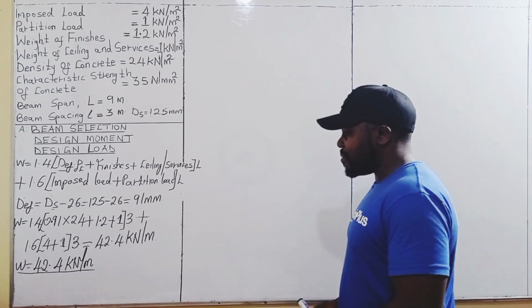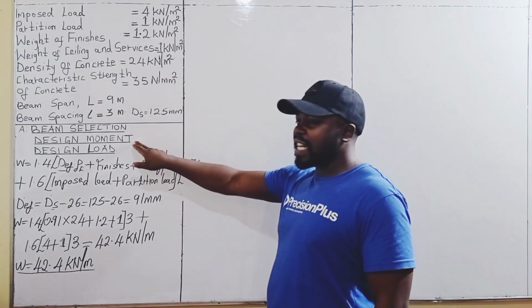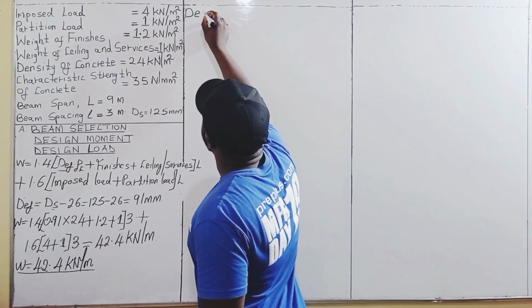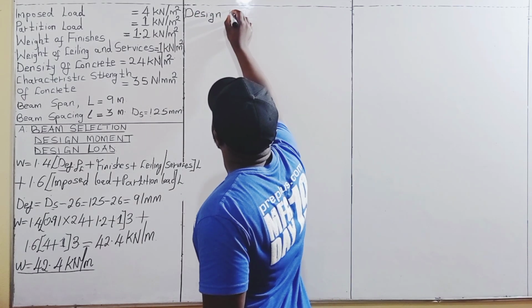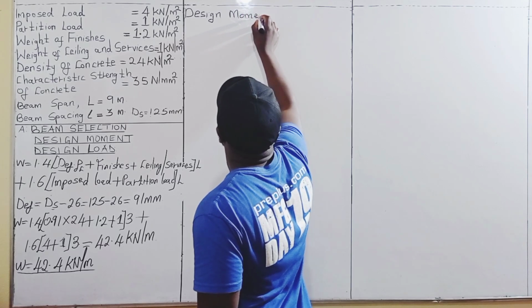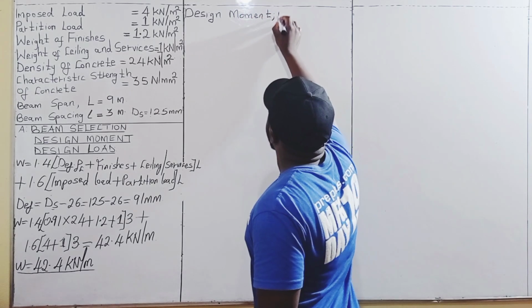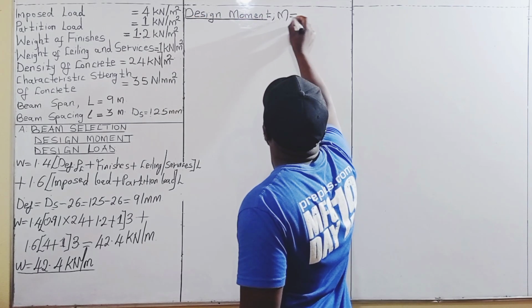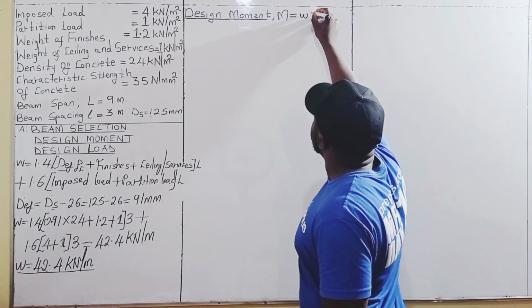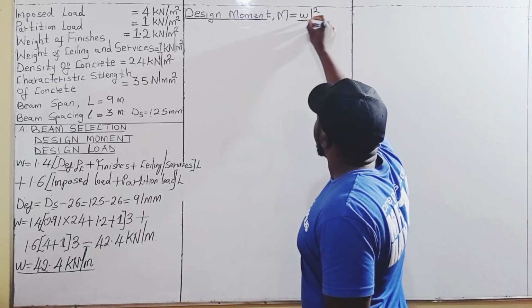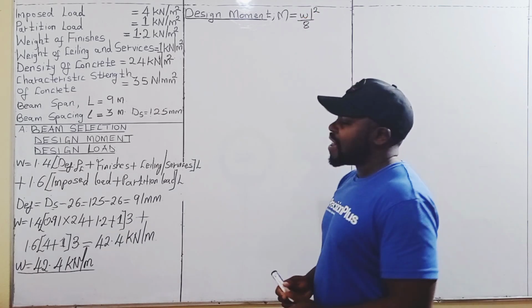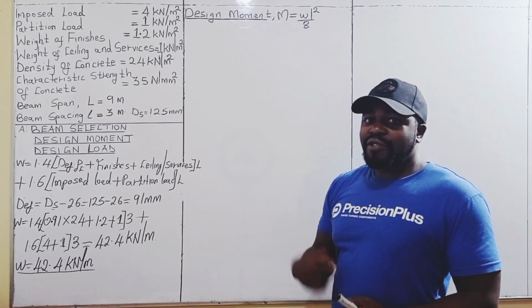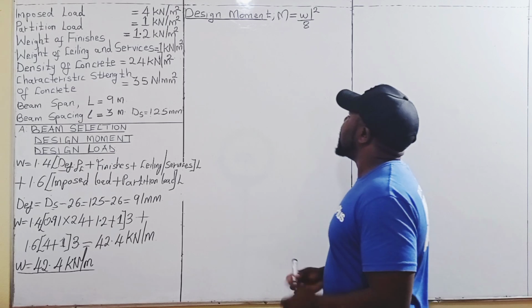Then from there, we can now determine the value of the design moment. Therefore, the design moment, that is M, will be given by WL squared divided by 8. That is for a beam that is subjected to a UDL over its entire span.